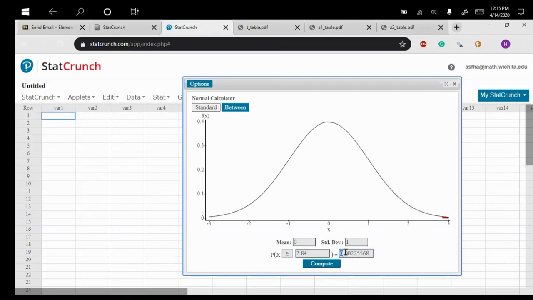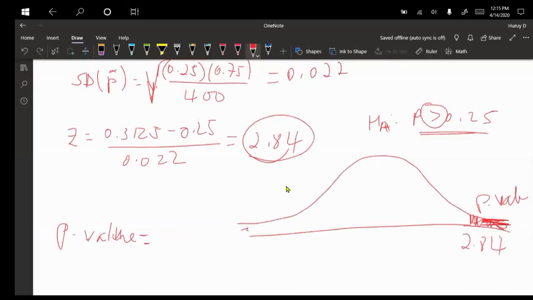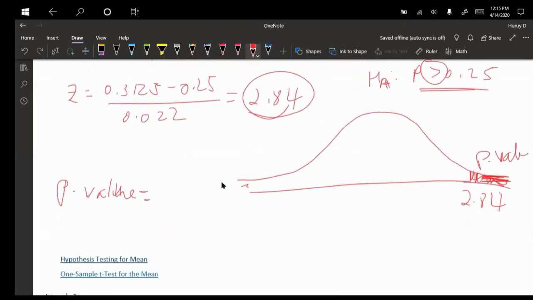And the area is, again, more or less the same, 0.0023. So that's our p-value, and this is what we use to decide.